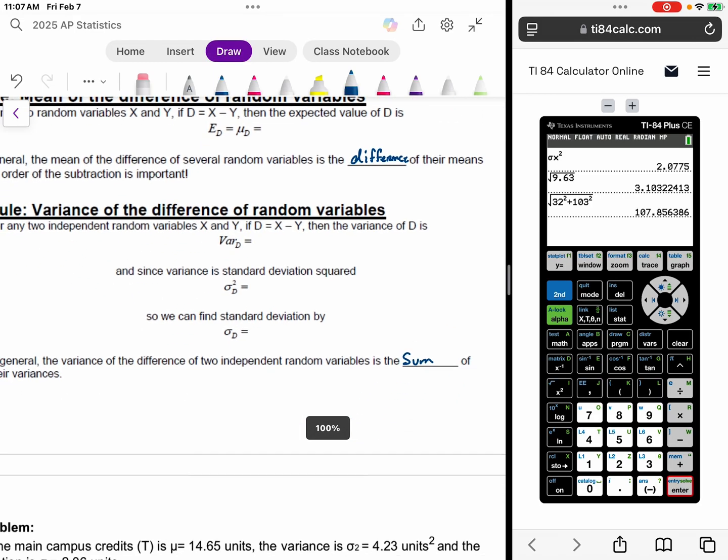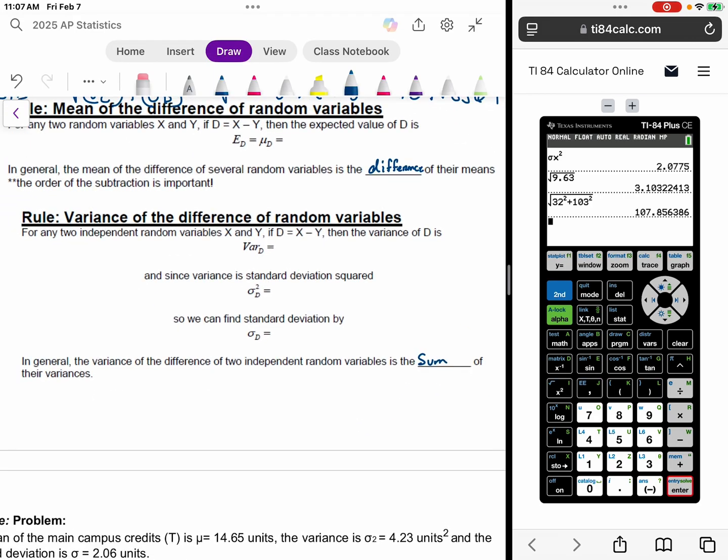Okay? For any two independent random variables X and Y, if D, standing for difference, is equal to X minus Y, then the variance of D is equal to the variance of X plus the variance of Y. Since variance is the standard deviation squared, we can say it's the standard deviation of X squared plus the standard deviation of the Y variable squared.